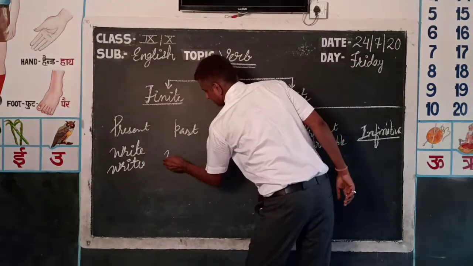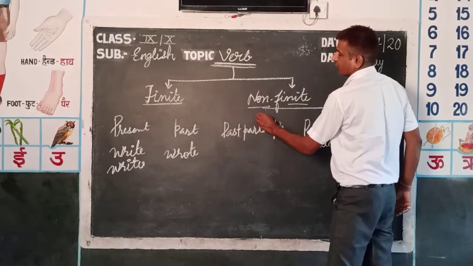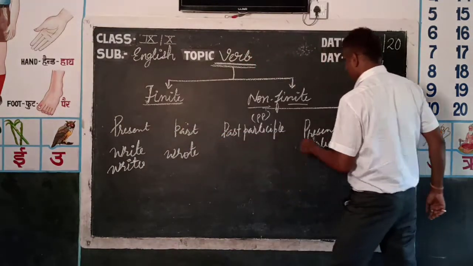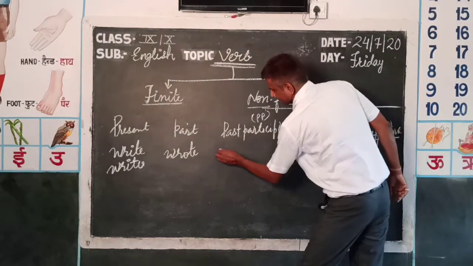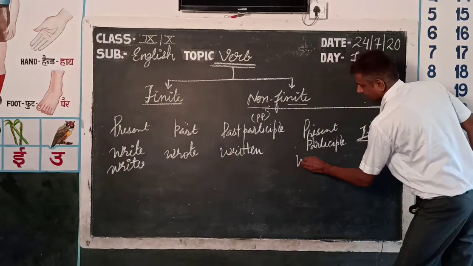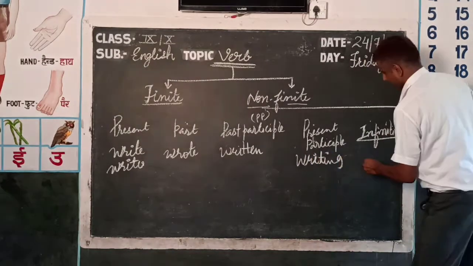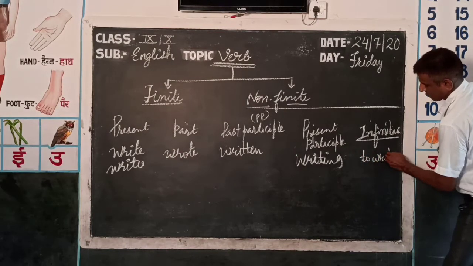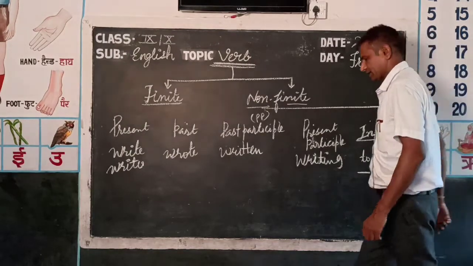And past, wrote. Past participle, in short, we call PP form. This is PR form, PT form, PRP form, infinitive form. These are short forms. And written, and writing, or to write, and basic form write.